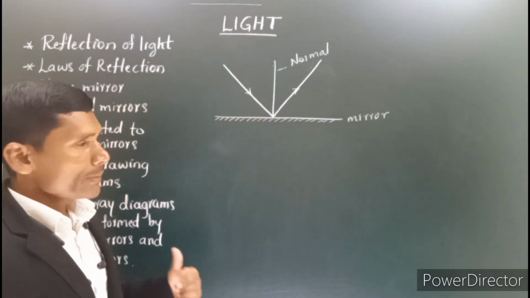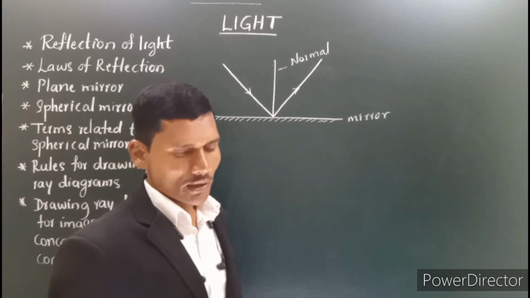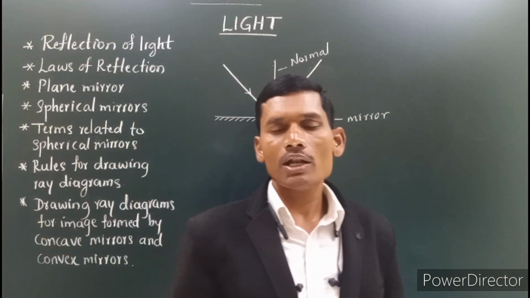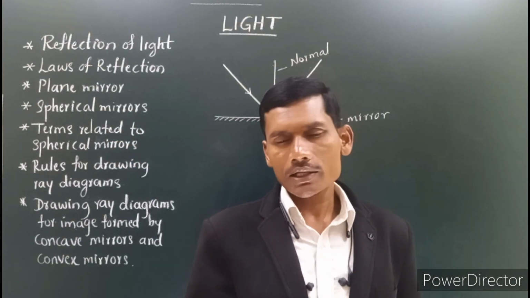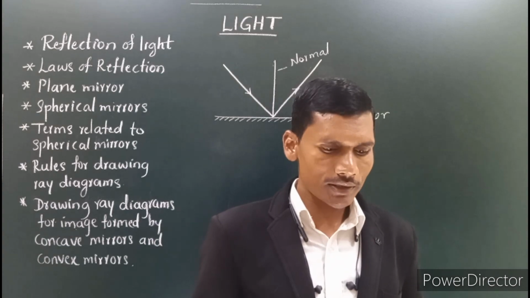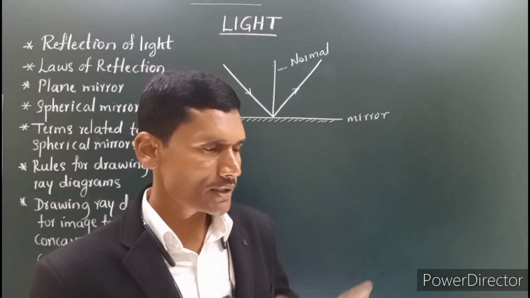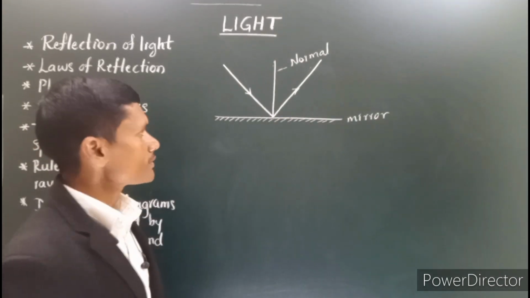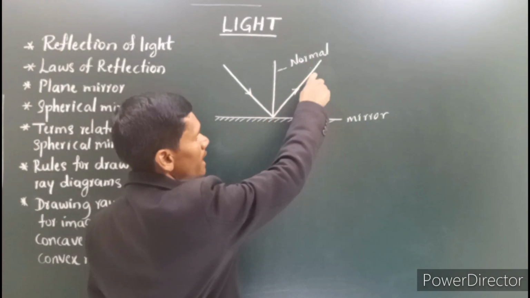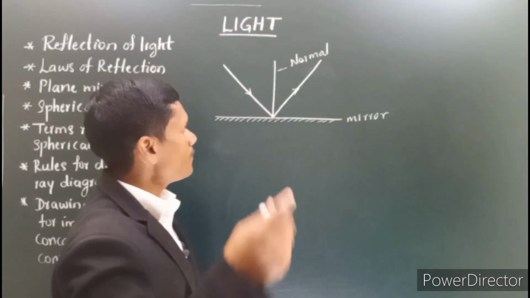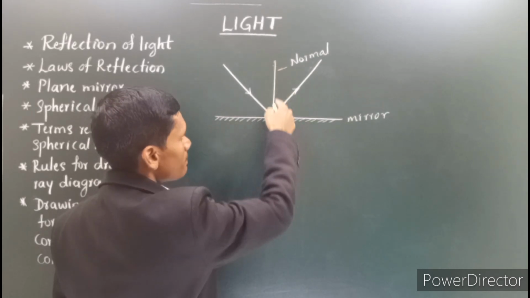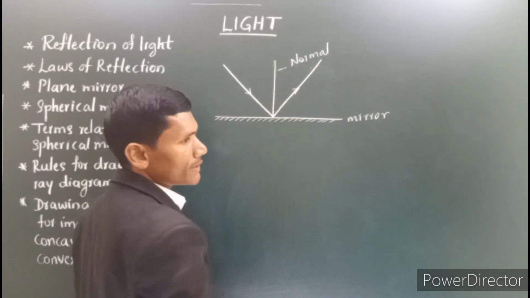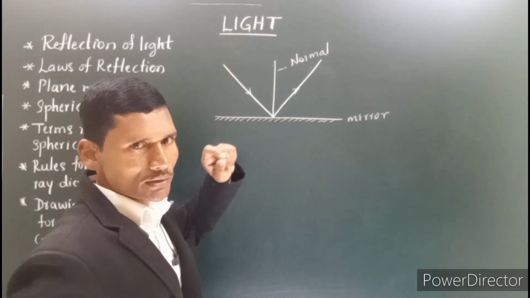Now, coming to a few concepts related to reflection, that is the laws of reflection. Let us try to analyze what the laws of reflection are. When you leave a light ray on a polished surface, it bounces back and goes in another direction. When you imagine a line which is perpendicular to this polished surface, this is called normal.